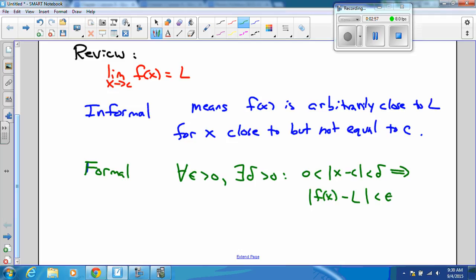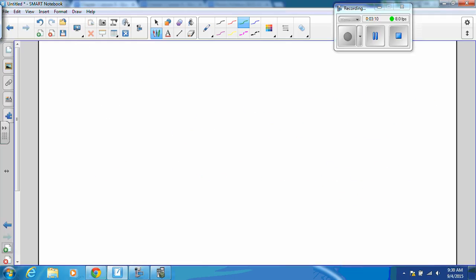Now, what I'd like to do today is to talk about how we might use this formal definition of limit to prove that f of x does indeed have a certain limit L. And our basic plan is going to be this.